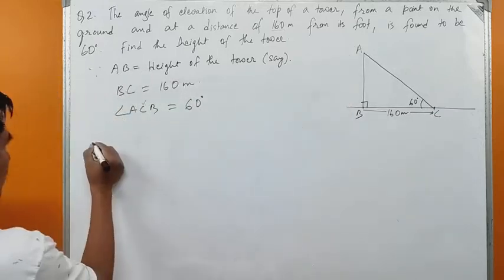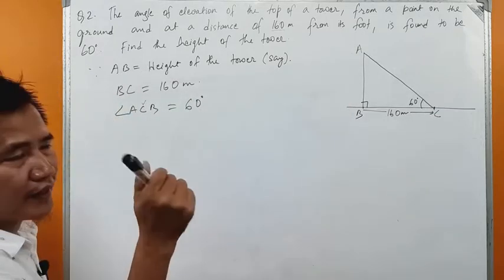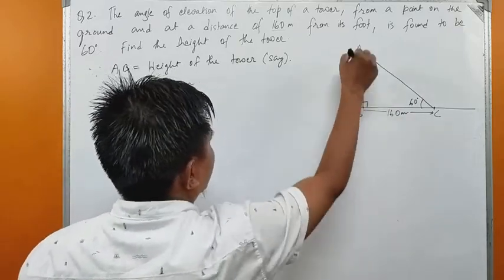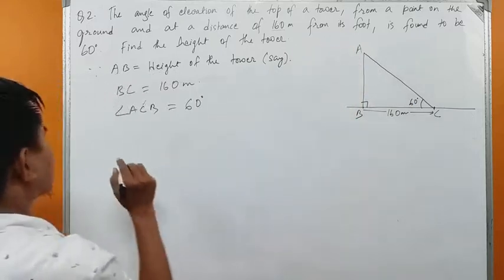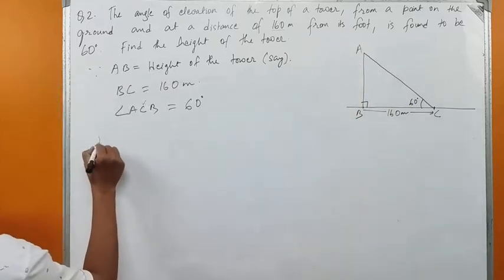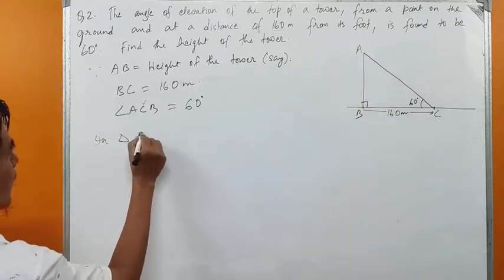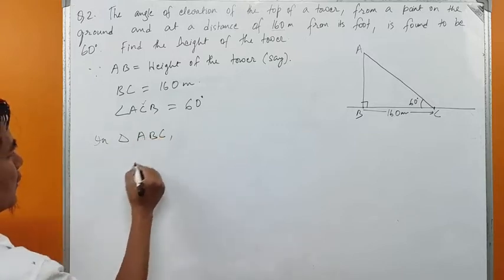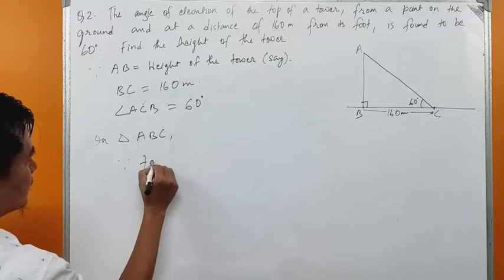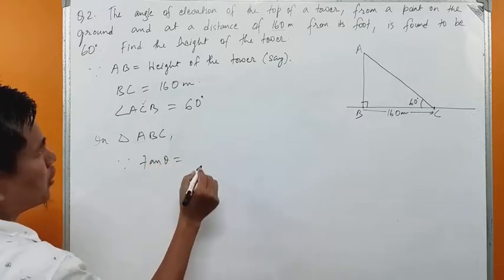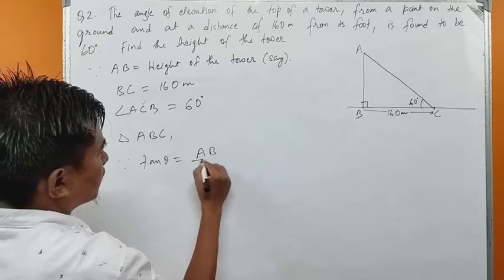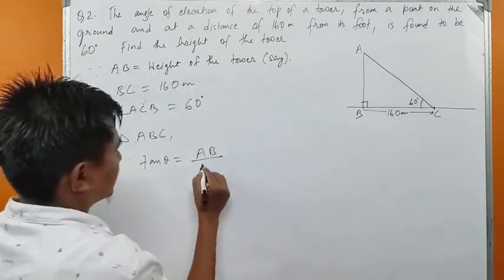So we apply tan theta here also, because base is given to us and perpendicular is being asked. In right angle triangle ABC, tan theta equals perpendicular, that is AB, upon base BC.